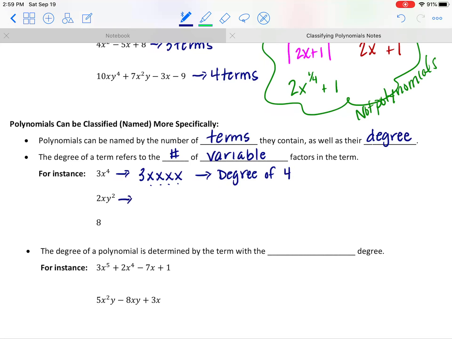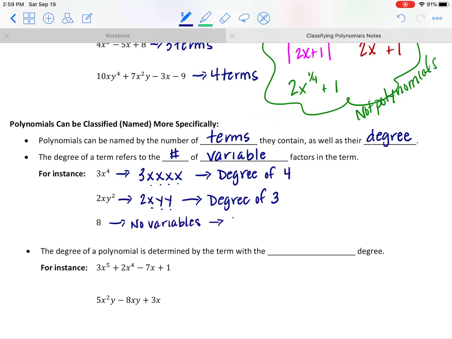Okay, this 2xy squared, I could write this out as 2 and then x, y, y. That's 1, 2, 3 variable factors. So we would say that this term has a degree of 3. And then the last one, the 8 there, doesn't have any variable factors. So no variables.